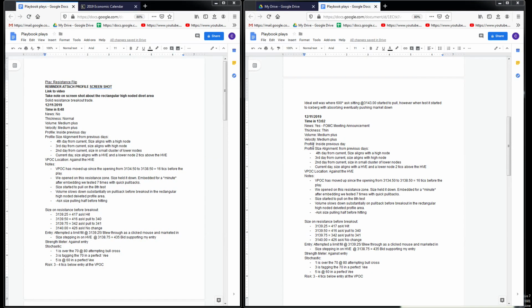So velocity and volume, we gotta get back to that. So I may, as I analyze this, obviously looking at the profile will be the first thing. So this thickness, volume, and velocity, I'm gonna move down eventually, because I need to streamline it to where I'm not bouncing between watching the video and looking at a chart.